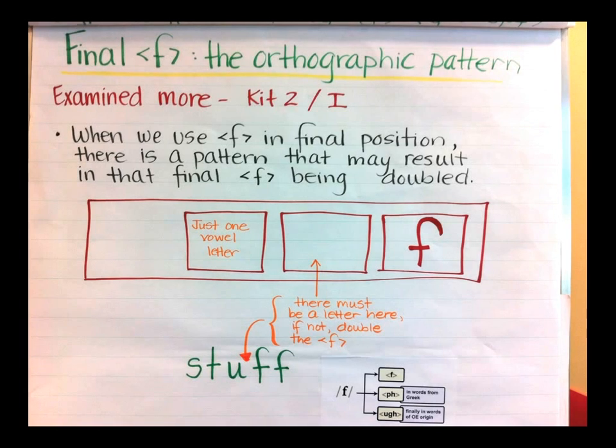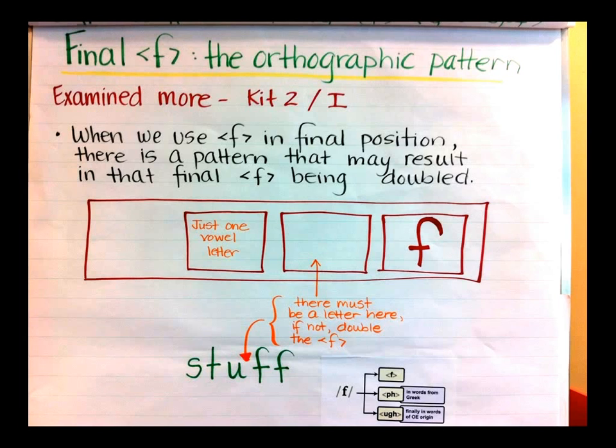The final F, the orthographic pattern, this is examined more in Kit 2I, so we'll get there as well. When we use F in the final position, there is a pattern that may result that final F gets doubled. This is another thing for kids that I think is really important because we don't just double some for no reason.